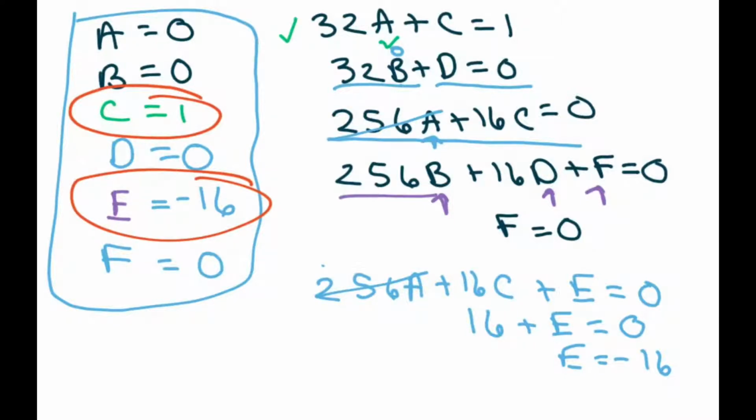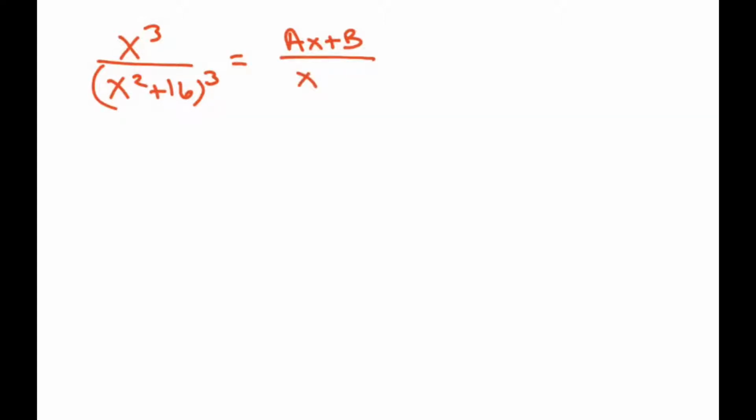And then when you write it out, I'll go ahead and write this out again. You have (ax plus b) over (x squared plus 16), plus (bx plus c) over (x squared plus 16) squared.